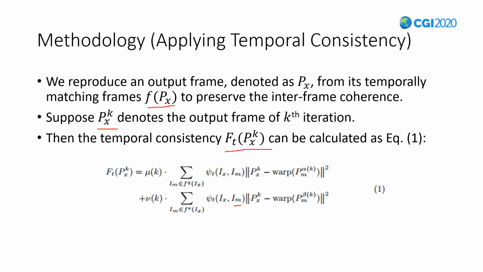The terms respectively represent the set of previous and subsequent matching frames of the actual frame. And this term denotes the temporal consistency weight. And finally, this term represents the warped output frame.